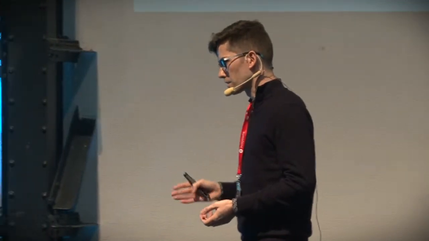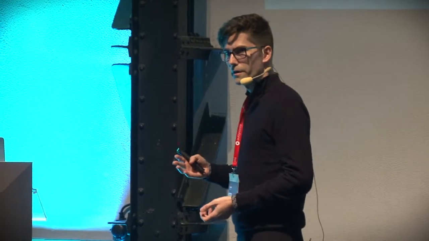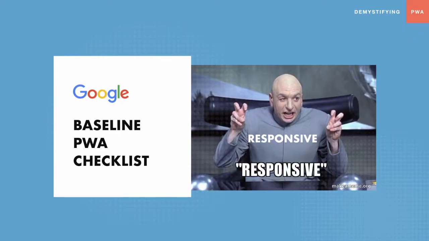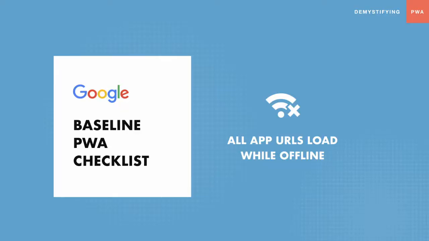So the first thing on this checklist, which I had already talked about, because some of these things overlap with those 10 points that I talked about at the beginning, is that they must be served over HTTPS. So no big discussion here. Of course, they have to be responsive. It was one of those 10 points also. They have to load all URLs offline.